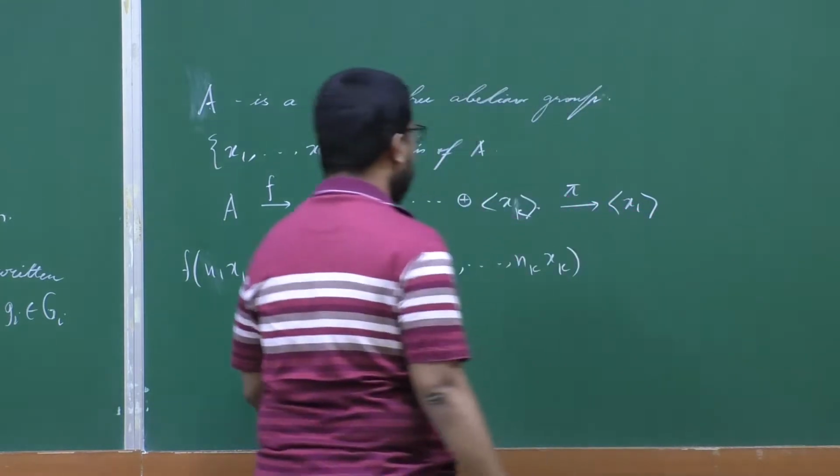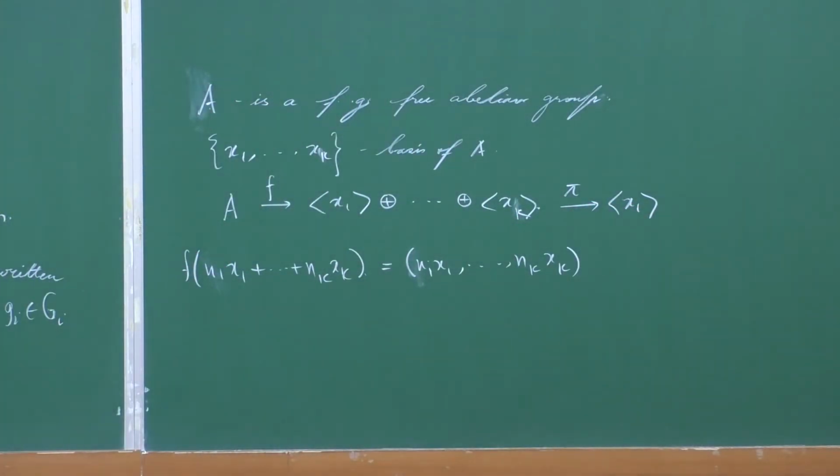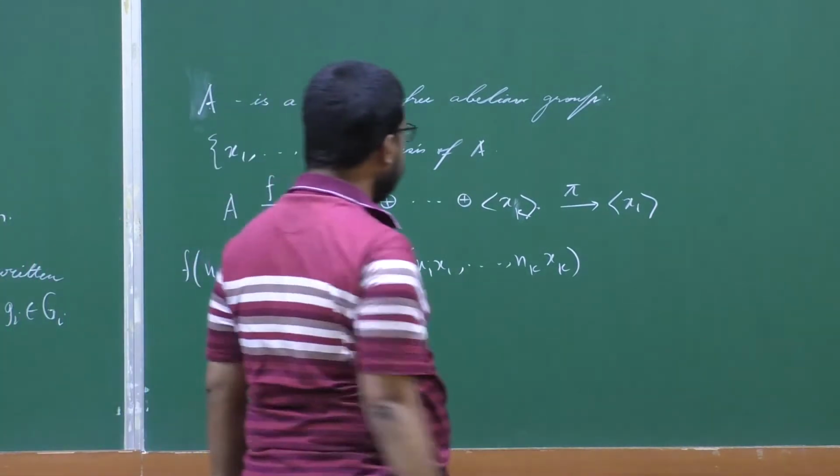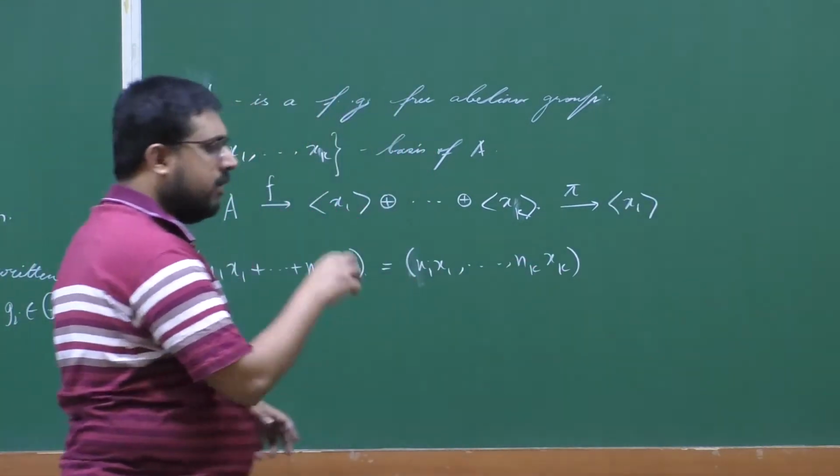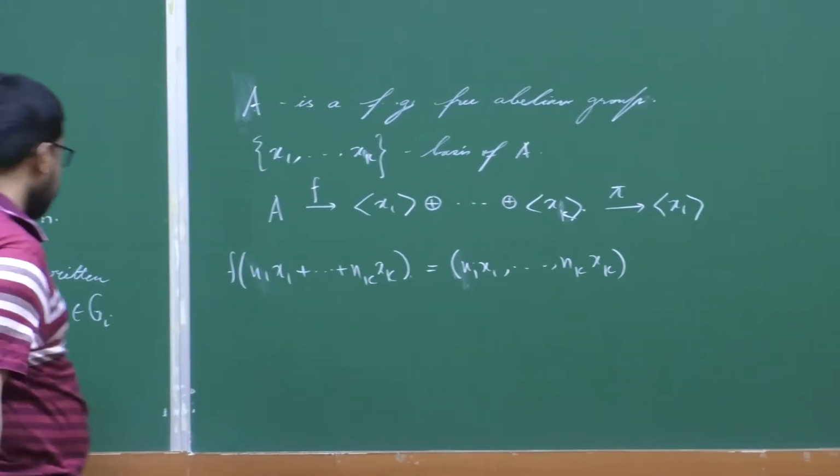Whenever we have a direct sum decomposition, that automatically yields several projection maps onto the summands.